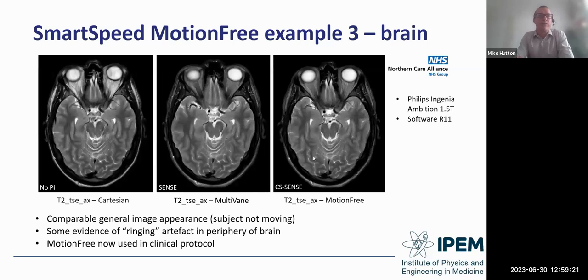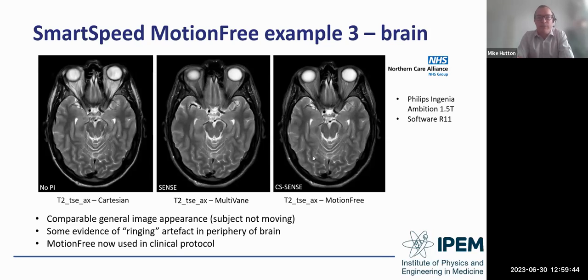Another example with MotionFree, this time just looking at the difference in image appearance between MotionFree, a standard multi-vane acquisition with sense, and then a Cartesian acquisition with no parallel imaging. I guess the key points to note here are fairly comparable image appearance across the three acquisitions, but this subject wasn't moving.